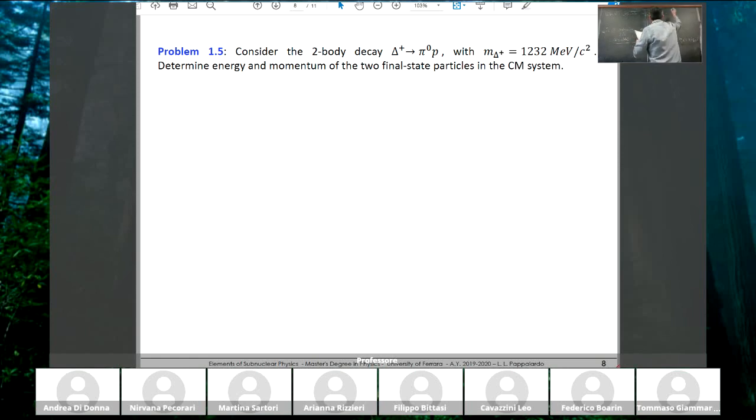And both, of course, give you the same value, which is 239.5 MeV/c. You can check yourself.